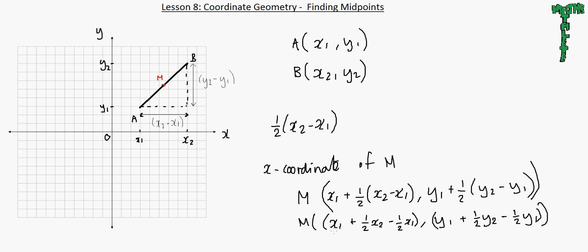So if we simplify this, we have x1 plus half of x2 minus half of x1. Now x1 minus half of x1, so say x1 was 4, minus half of 4, minus a half times 4 would be minus 2. So it would be 4 minus 2, so it's half of the actual value.